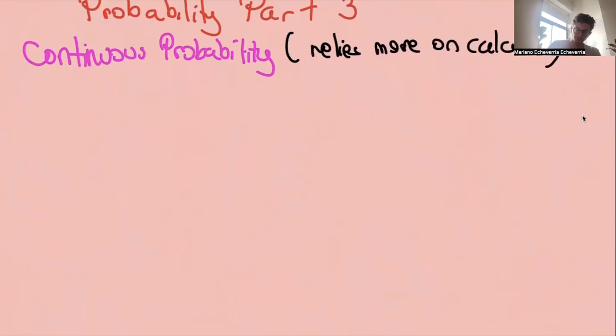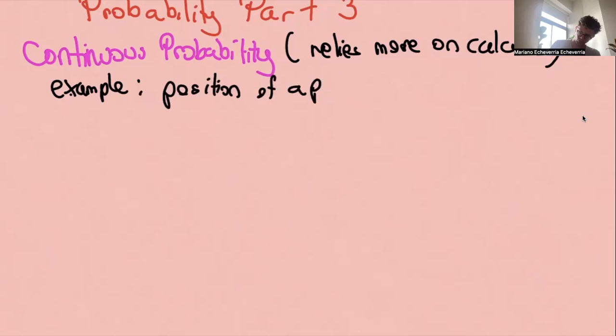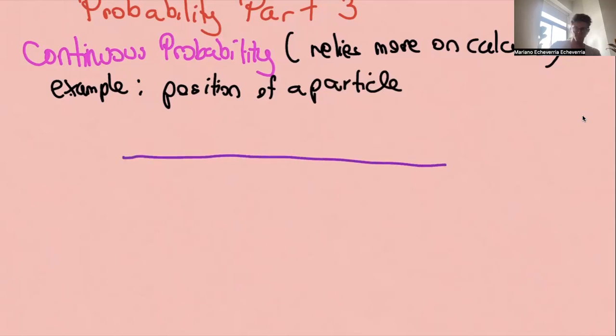So you can think about an example, like a particle. Imagine that you had a particle that can be somewhere along this segment, but on this segment you have some walls or partitions.